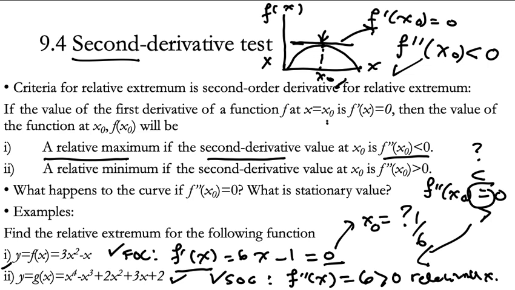But to make us very sure about whether we have a relative maximum or relative minimum, we need to do the second derivative test. So the second derivative test becomes the sufficient condition criterion to determine whether we have a relative minimum or relative maximum.